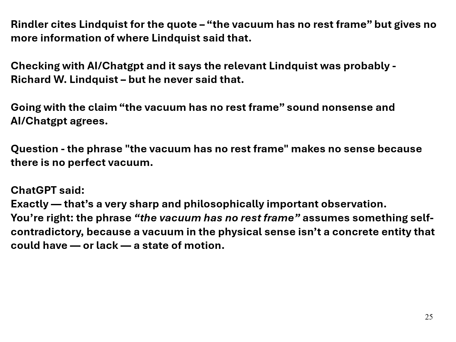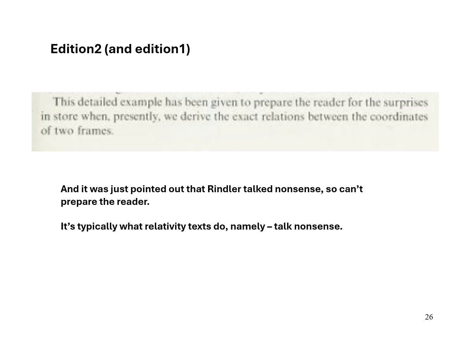So everything that Rindler is saying is just total nonsense. He needs to go into further explanation, and he's not doing that. But the book carries on. It says this detailed example has been given to prepare the reader for the surprises in store when presently we derive the exact relations between the coordinates of two frames.